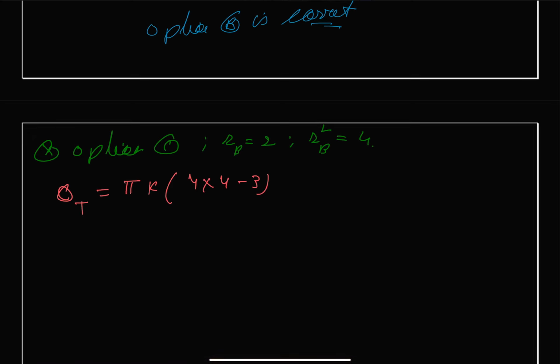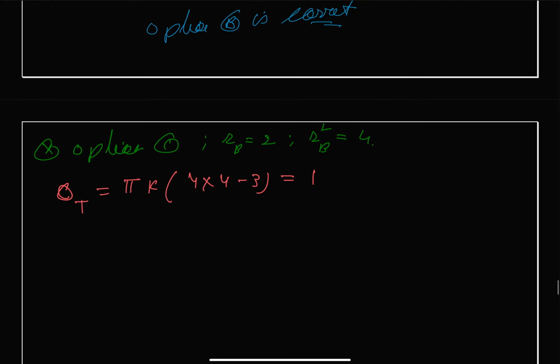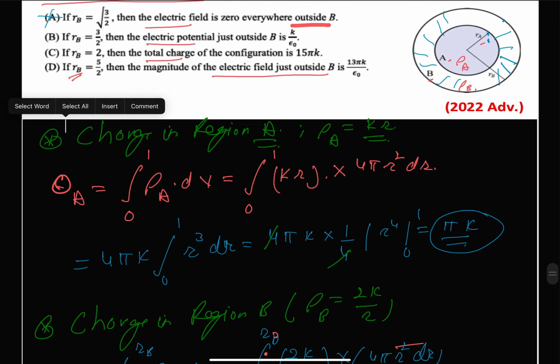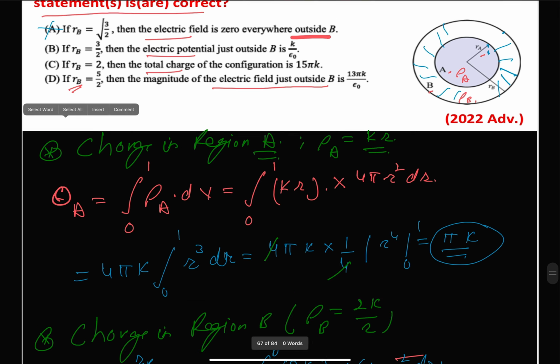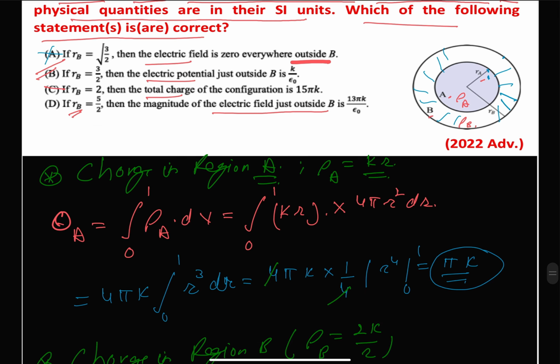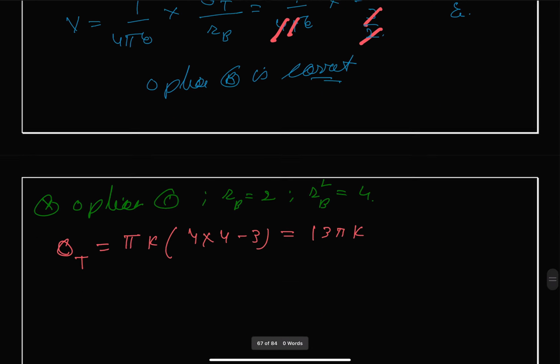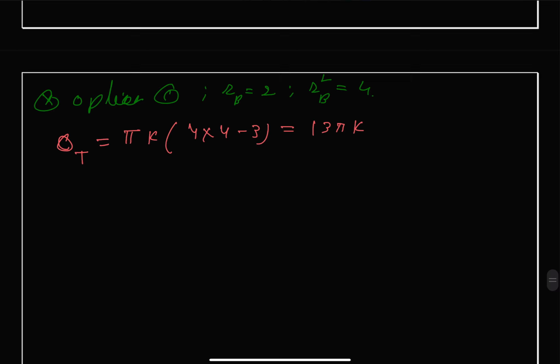This comes as 16 minus 3, which is 13 pi K, which is not 15 pi K. So option B is correct. Option C is incorrect because it is not 15 pi K.